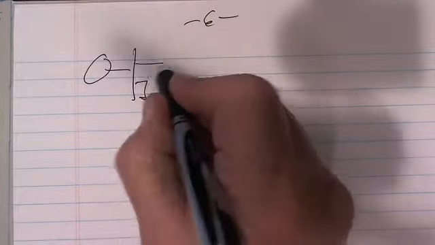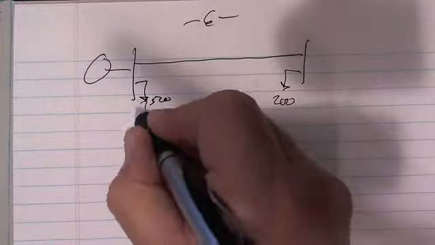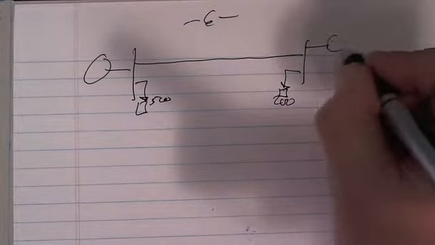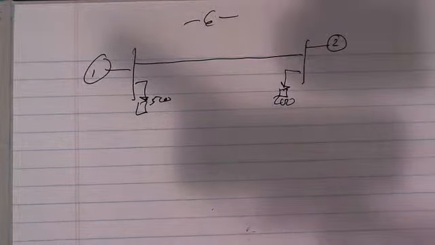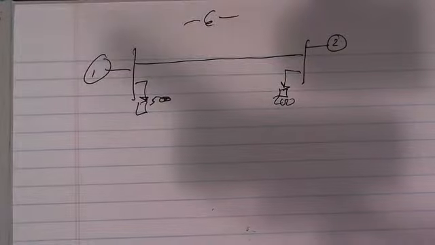So let's go to the next page and redraw this. Here we are. $500 and $200. Here's 1 and here's 2. Now, the first thing that we're going to do is start out and say, first of all, I'm going to try to buy 500 megawatts.